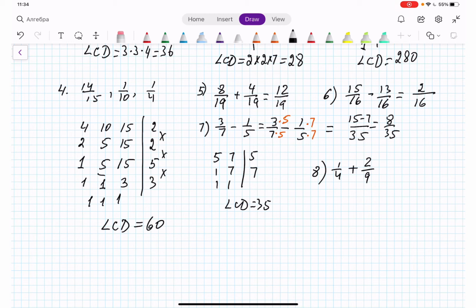Even if I break it down, you will get 36. So for 36, 1 over 4 plus 2 over 9. It's 36, I'm multiplying here by 9. Here I'll multiply by 4. And the result is going to be 36, 9 plus 8, 17 over 36.